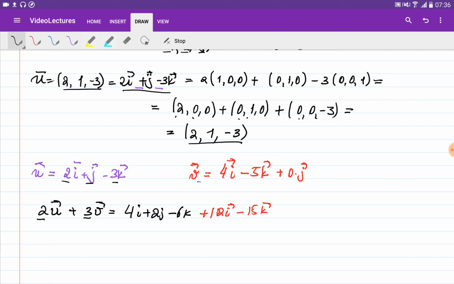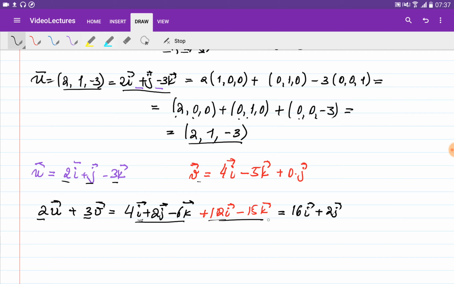When we add these vectors, we need to add the corresponding components separately. So i with i, j with j, and k with k. 12i plus 4i is going to be 16i. For j, there is no j in v, so it's simply 2j.